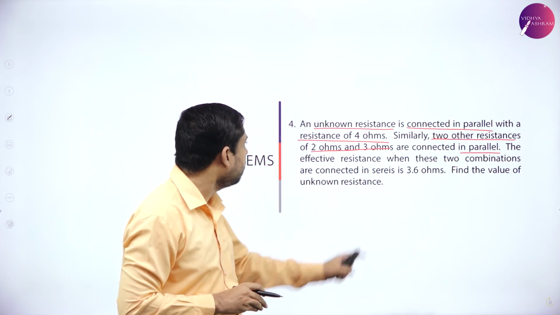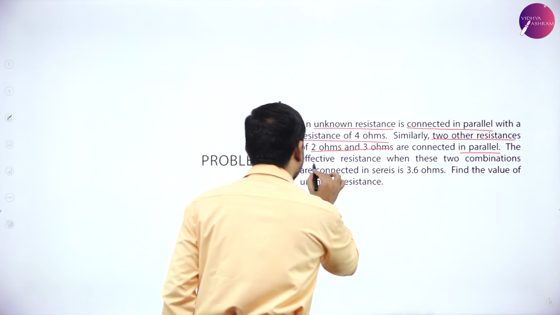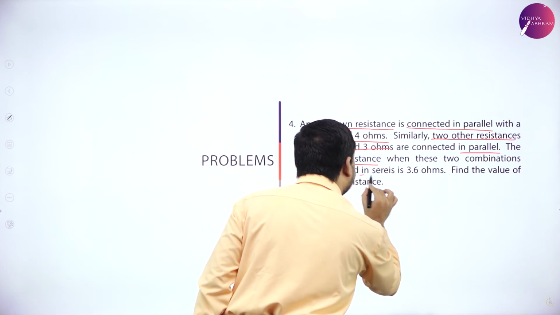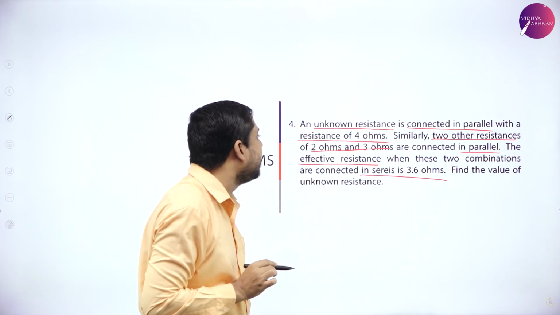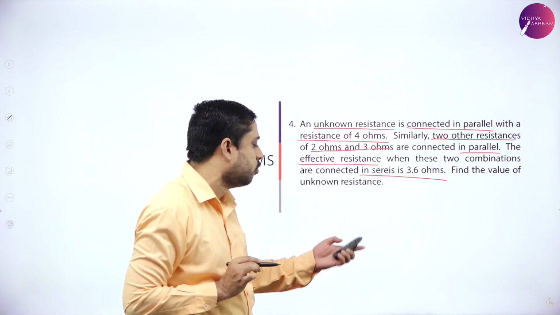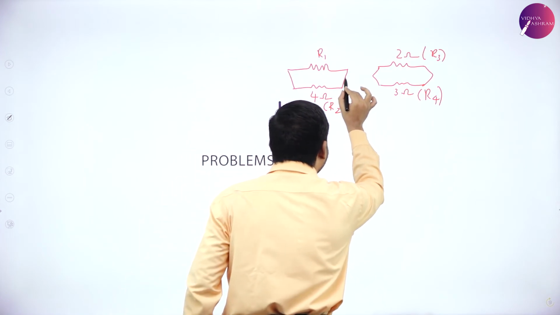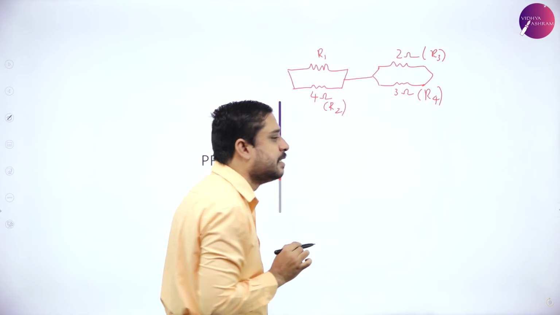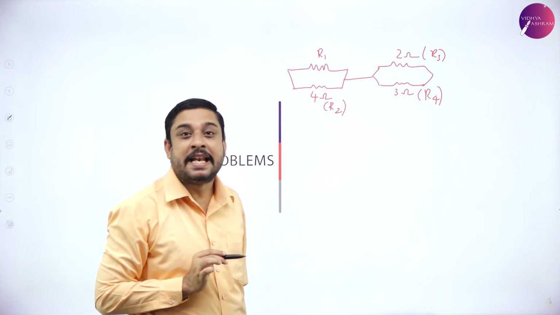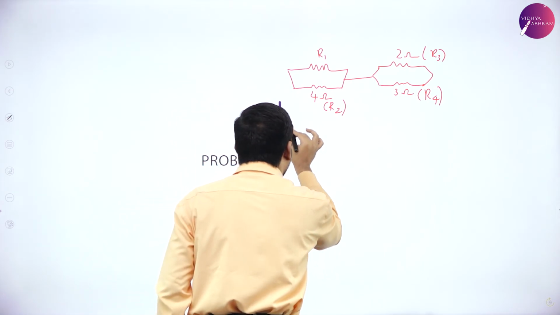Now, the effective resistance of these two combinations is connected in series with an effective resistance of 3.6 ohms.